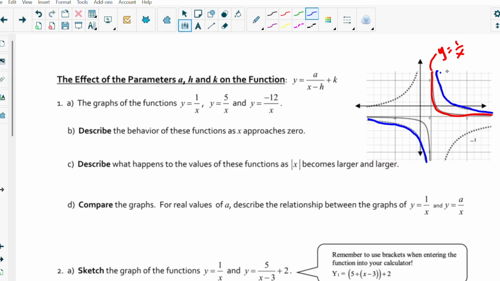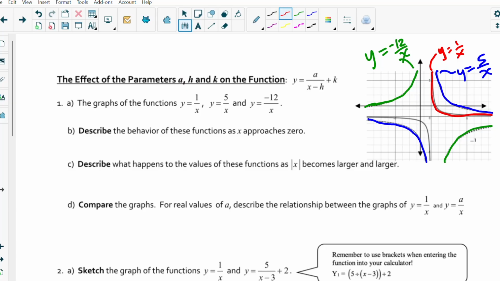That is y equals 5 over x. And then in green, that is y equals negative 12 over x. Okay, describe the behavior of these functions as x approaches 0.